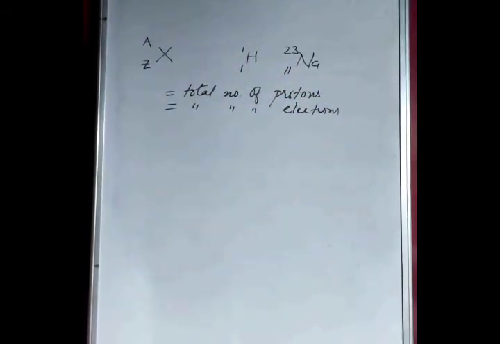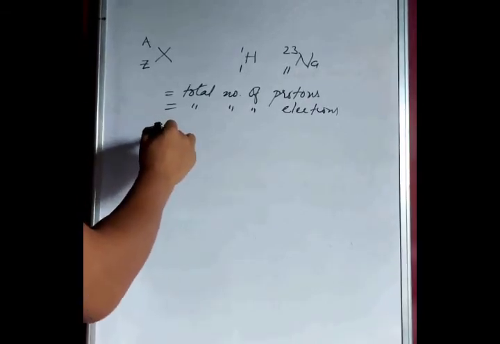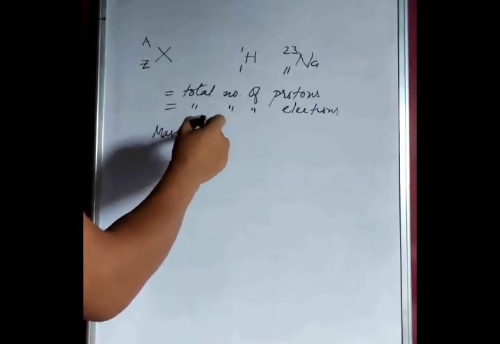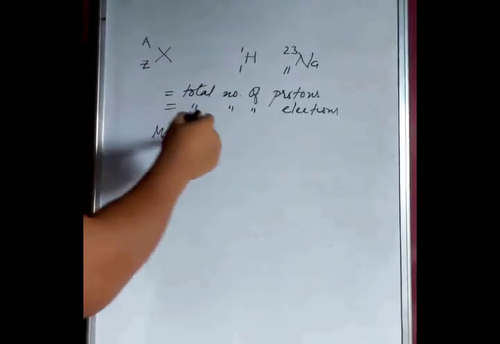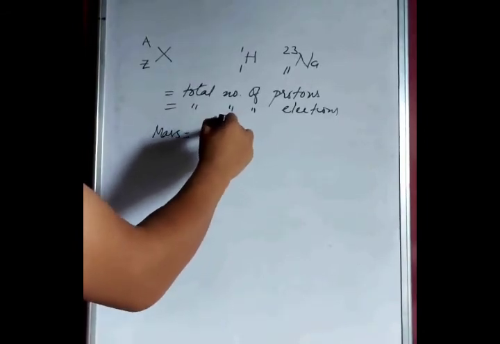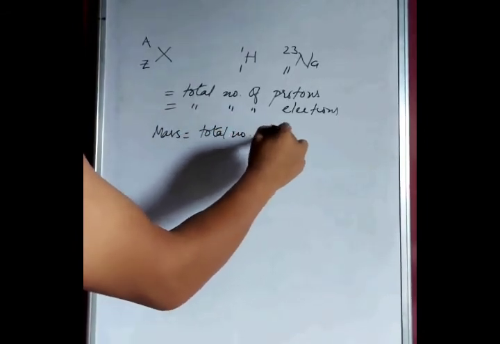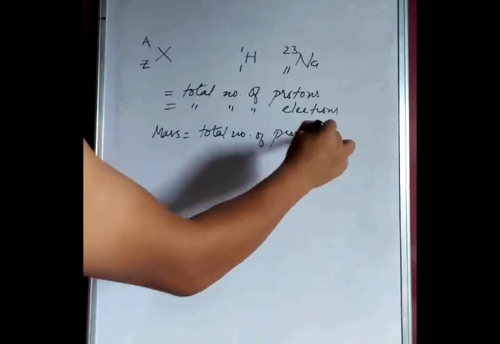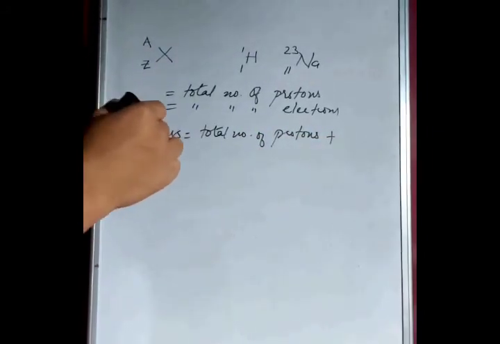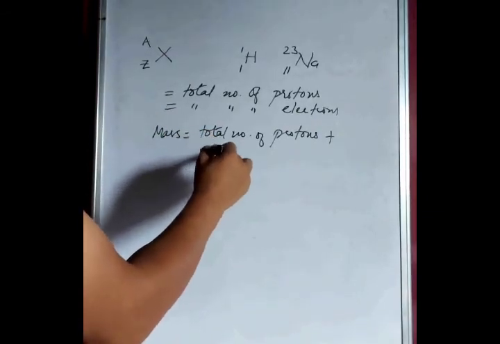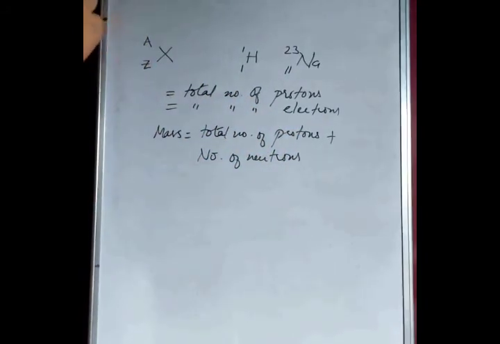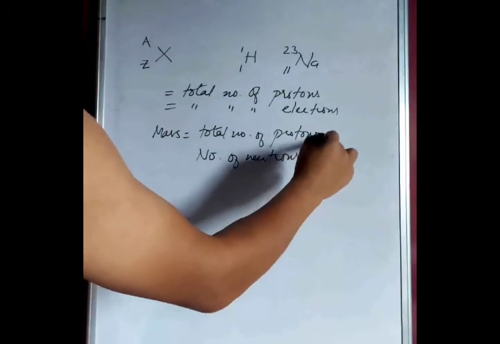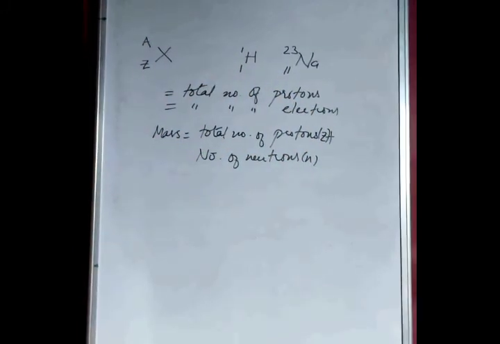The mass number is equal to the sum of the total number of protons and the number of neutrons. That gives us the mass number of the element.